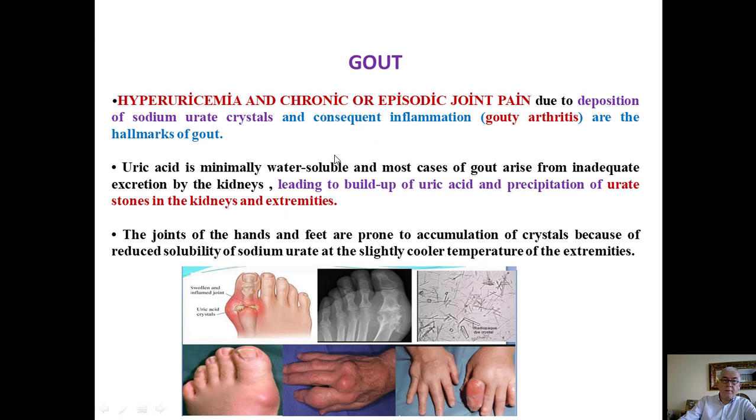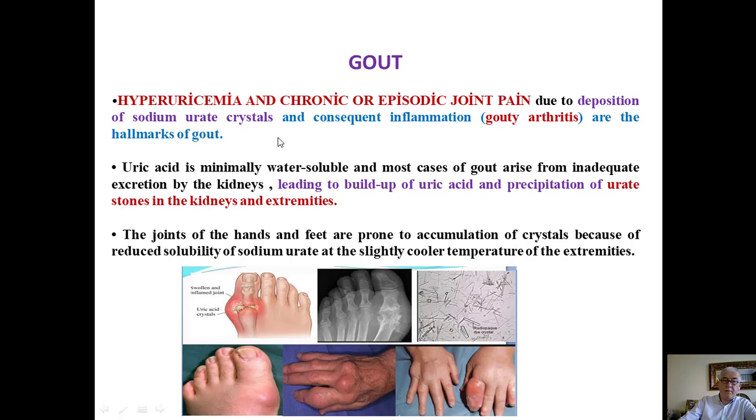And gout disease, we have different types of problems such as hyperuricemia, and chronic or episodic joint pain due to deposition of sodium urate crystals, and consequently inflammation.